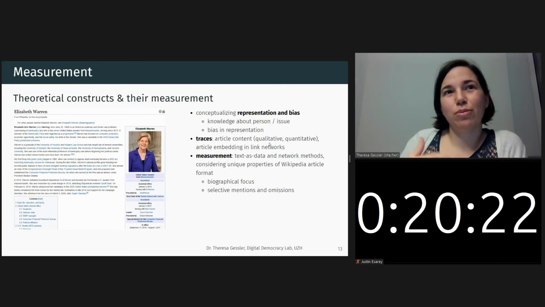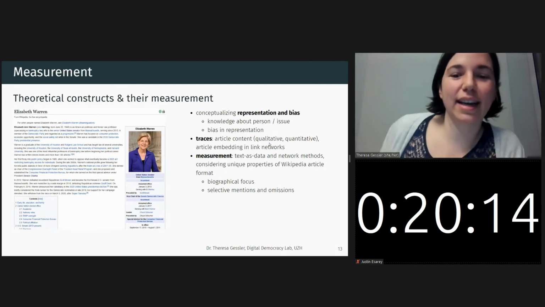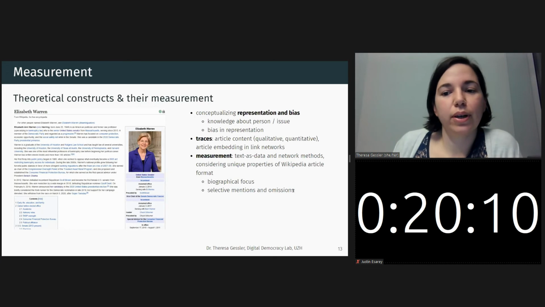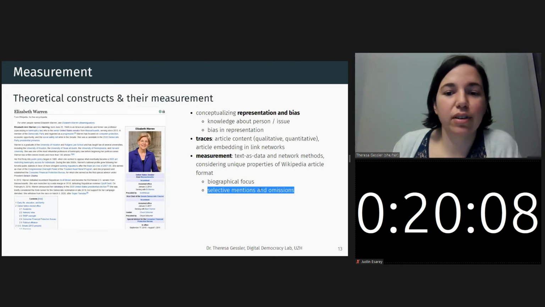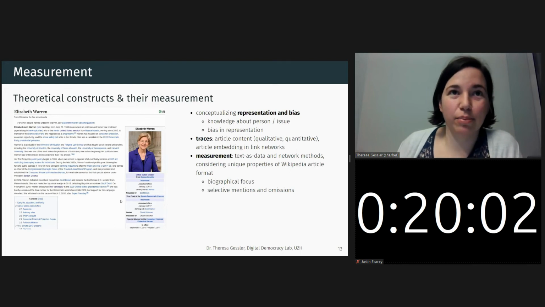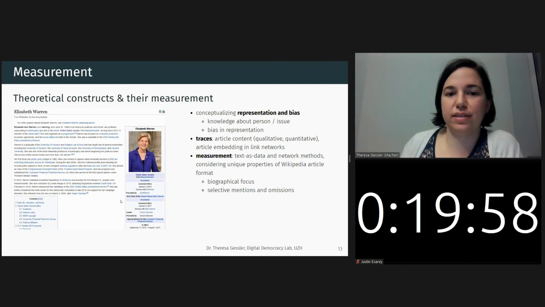Instead, what is more promising are things like looking at adverbs, looking at how specific actions are classified, and so on. One of the things that I think is also important is to focus on selective mentions and omissions. So what is in the article and what is not. Basically, creating an objective standard and comparing the article to this standard.